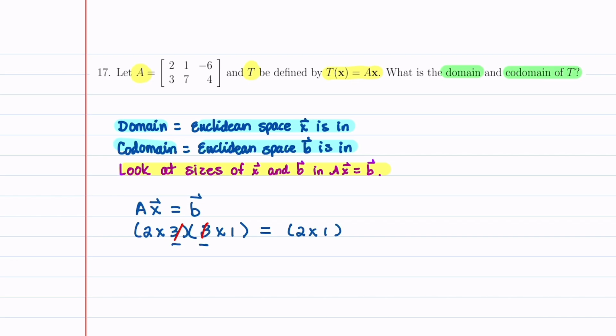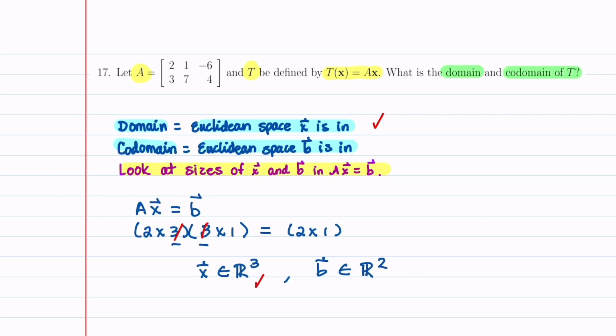So let's write down that X is an element of R3, and B on our right-hand side is an element of R2. So let's go back up here and look at the top. Our domain is the Euclidean space that X is in, and that's equal to R3.